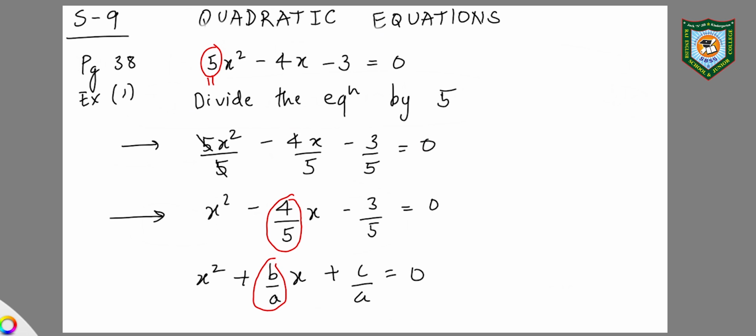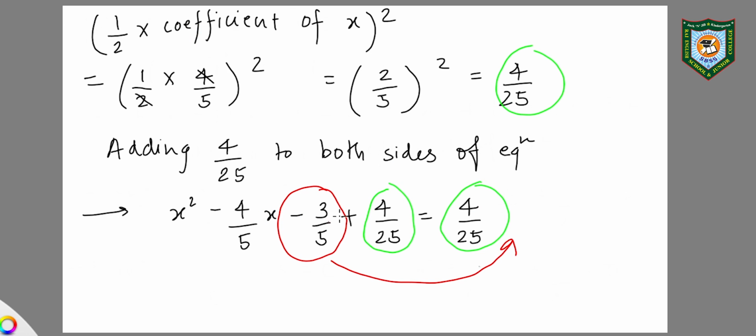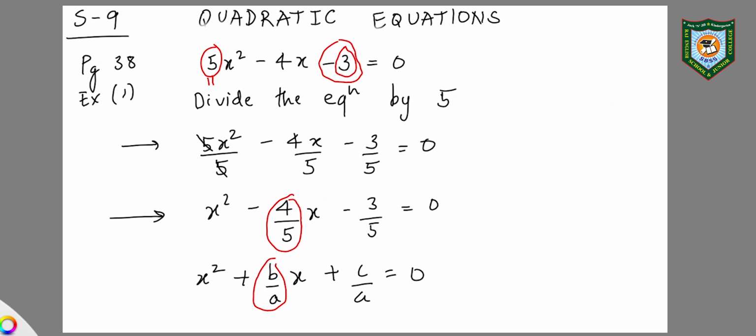Similarly, in question number 1, example number 1, page number 38, minus 3 was my constant value, and I need to move this value from the left hand side to the right hand side. When I made a mistake here, this is my original equation, as we have to compare our standard equation x square plus b by a x plus c by a is equal to 0. This was my original equation, so this becomes my original constant in the original equation.